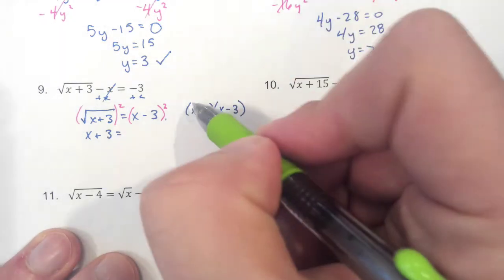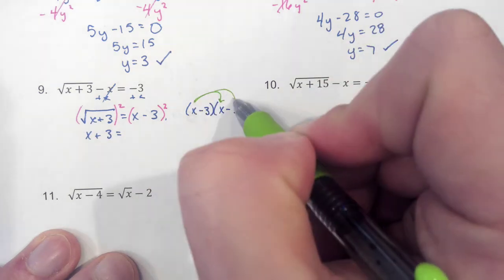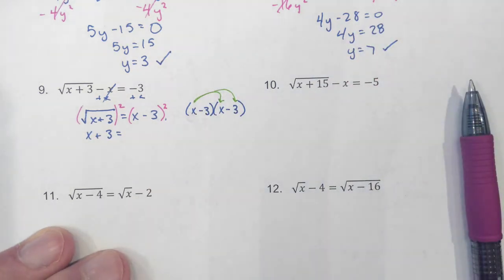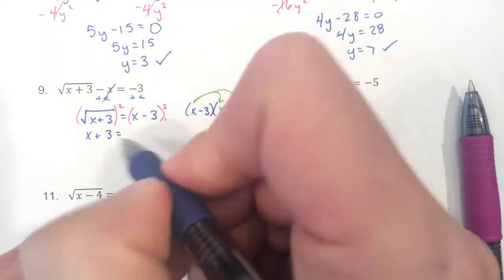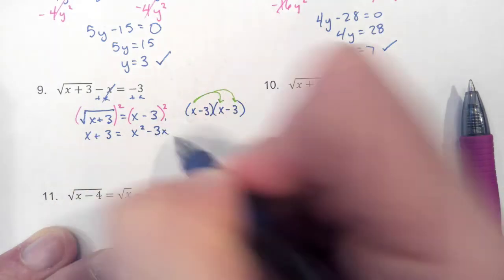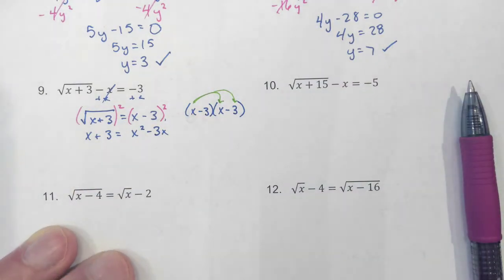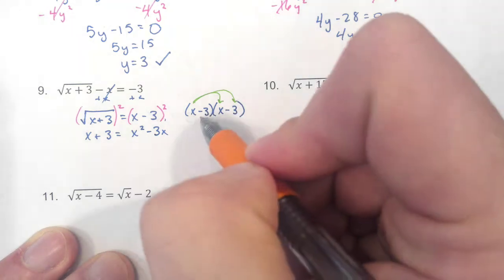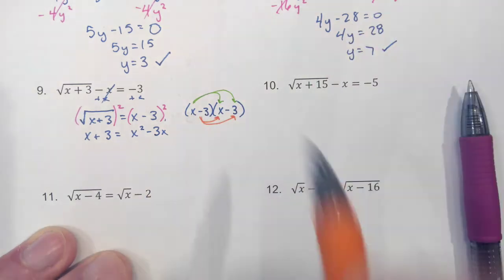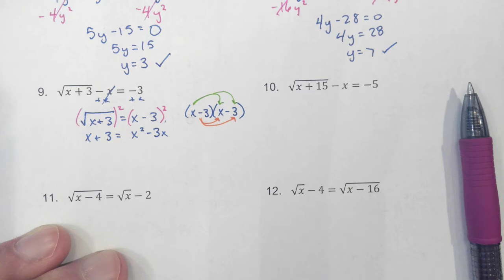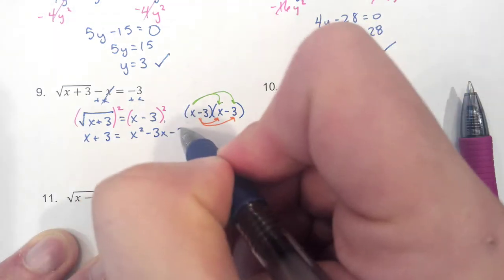So that x is going to distribute, and that's going to be x squared minus 3x. And then that negative 3 is going to have to be distributed. So that would be negative 3x and plus 9.